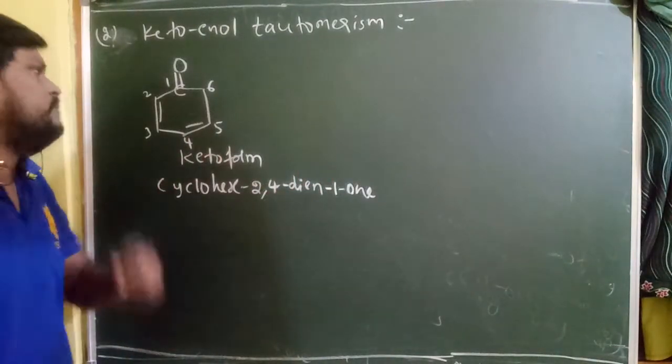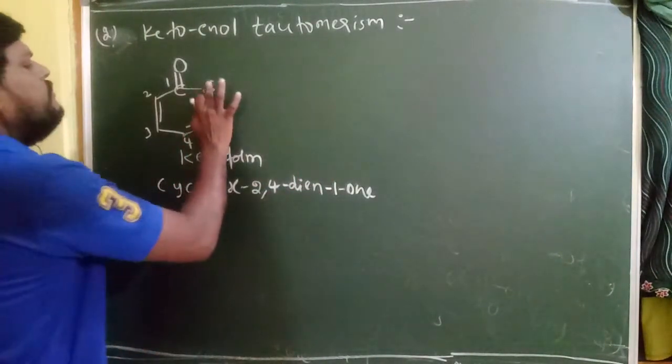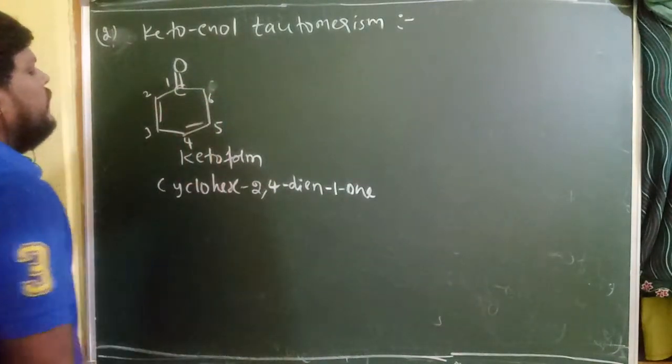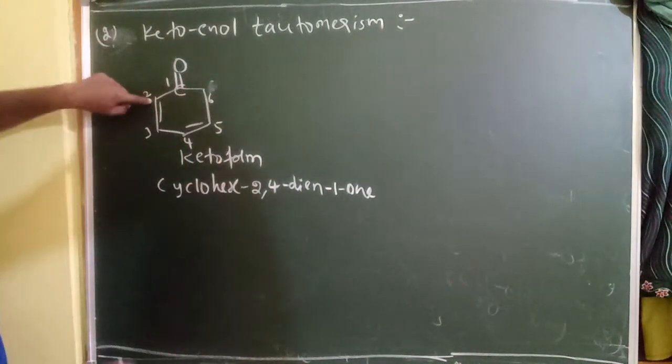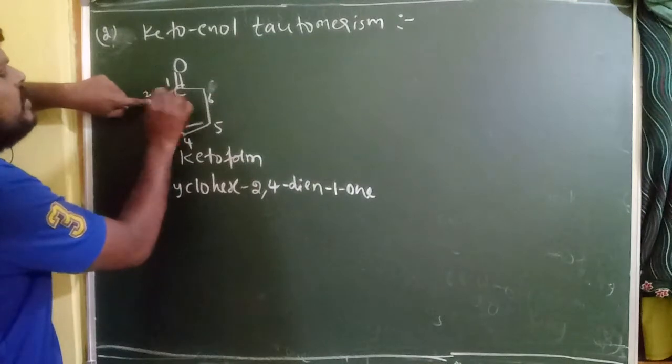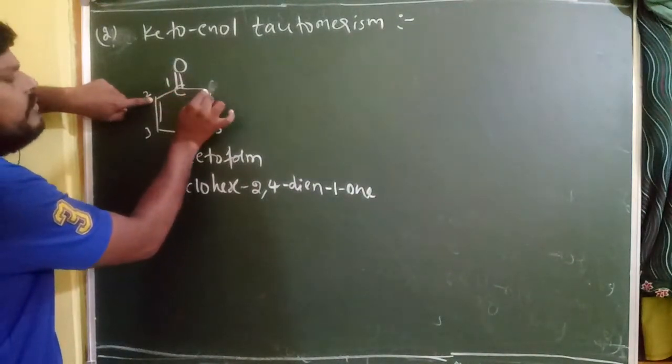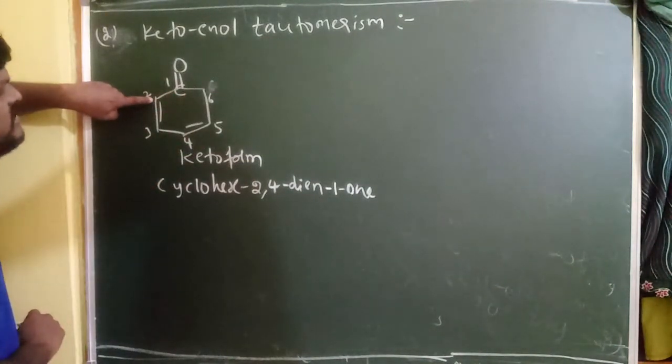Now it is the keto form, right? If you observe carefully, the next carbon to the keto group is called the alpha carbon, but this is not an alpha carbon.